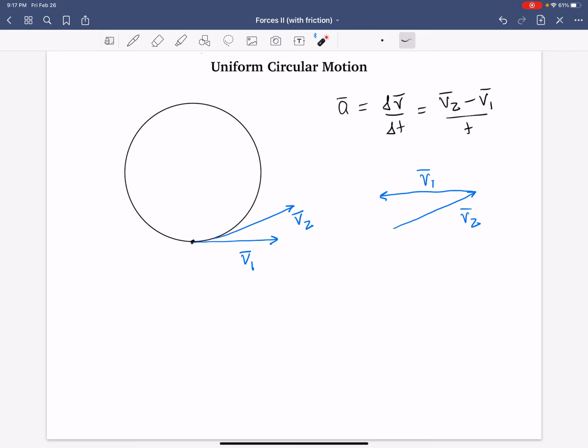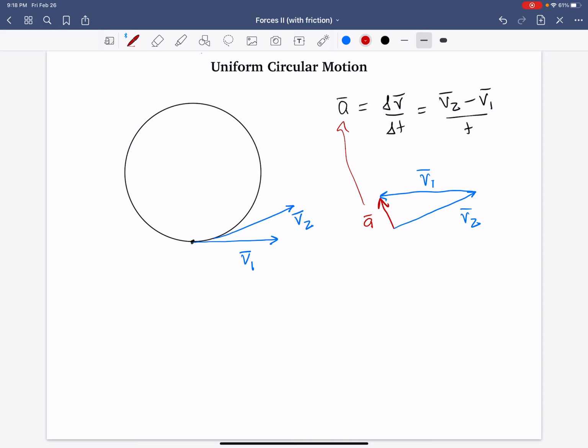And so the resultant is right there in red, right? That's the change in velocity. Well, that's exactly what the acceleration is, right? So in other words, what we have there is the acceleration vector.